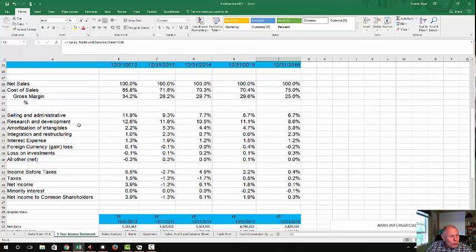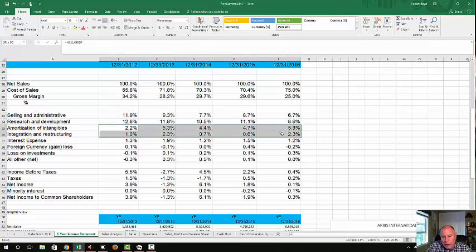But then it shows me what percentage of selling and administrative expenses. And as we can see, that's declined. Same thing when we look at R&D, that's declined. But when we look at the amortization of intangibles and integration and restructuring, look at the size of that number. It's increasing.